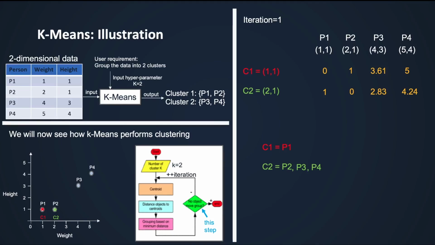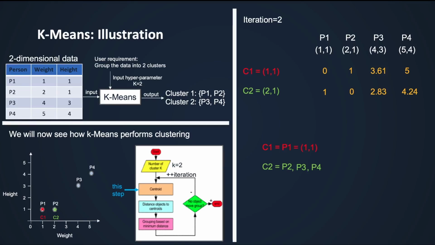Since this is the first iteration where points were assigned to the randomly selected centroids, we generally perform one more iteration by setting iteration equal to 2. In the second iteration, we once again need to find the centroids.